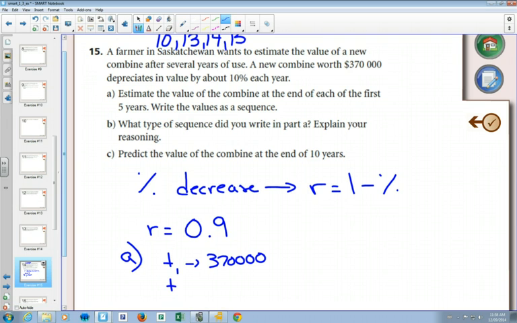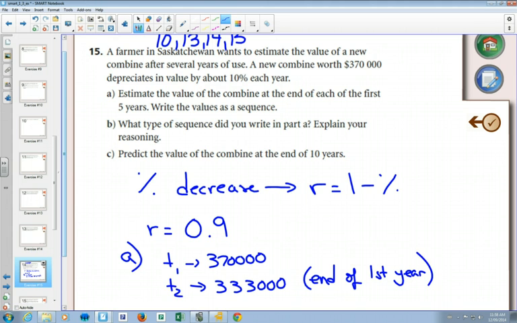Term 2 would be 370,000 times 0.9, which is 333,000. And I'm going to write in brackets, that is the end of the first year. Does that make sense that if our beginning of the year is 370,000, at the end of the first year will be term 2?